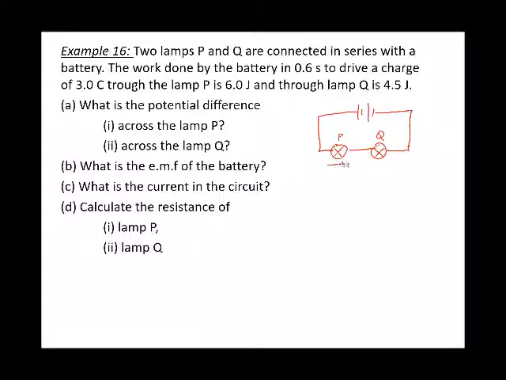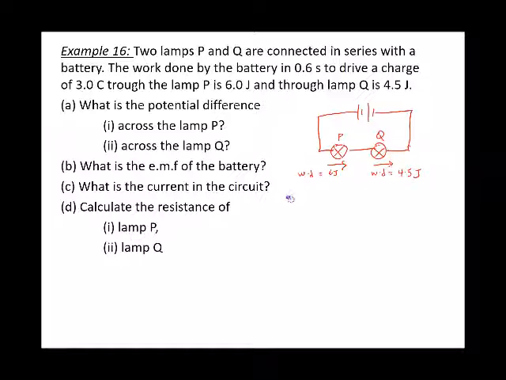So the work done needed is 6 joules. And through lamp Q is 4.5 joules. So the work done needed to push the charge through lamp Q is only 4.5 joules. So you see that it requires more work to push the charge at P compared to Q.